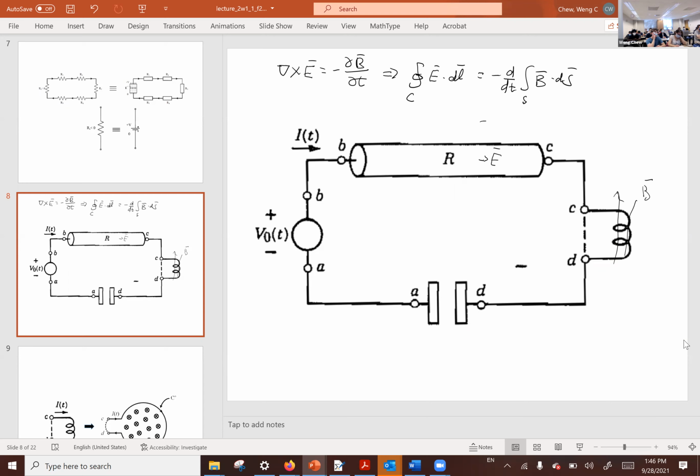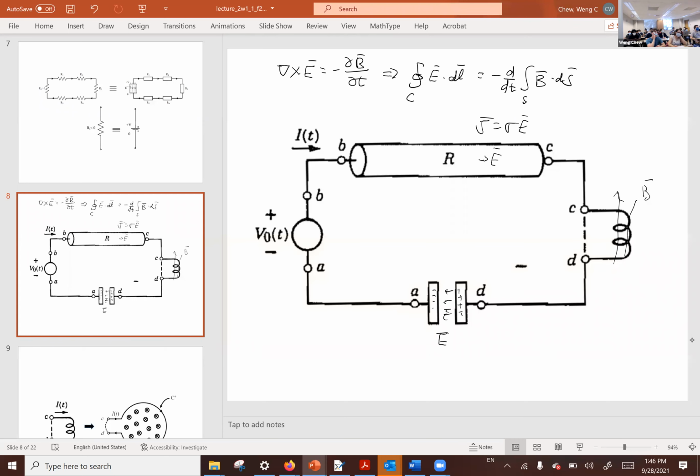You know that J equals sigma E in the resistor, so inside it is mainly electric field. And you know that inside a capacitor, as we have learned, you might have positive charges here, negative charges here. I have drawn these few lines wrong.